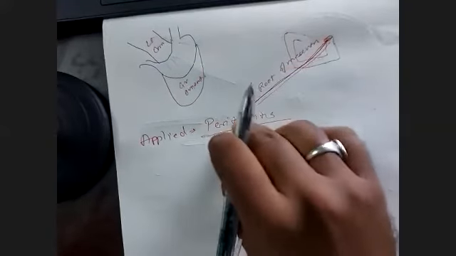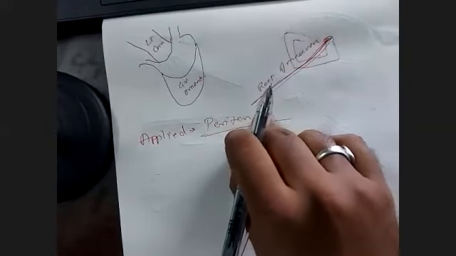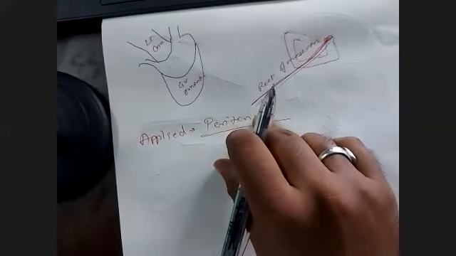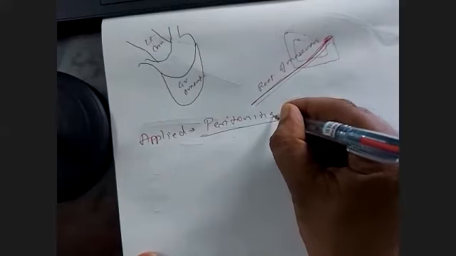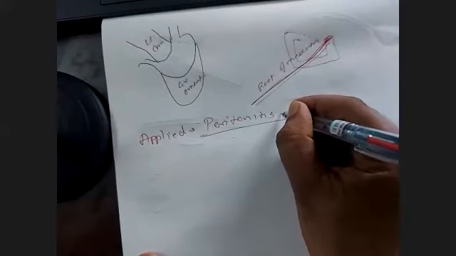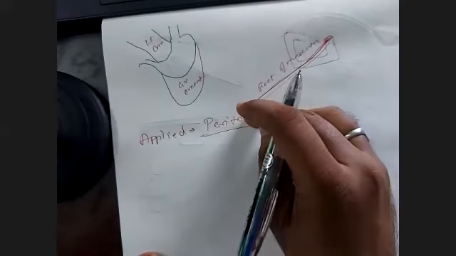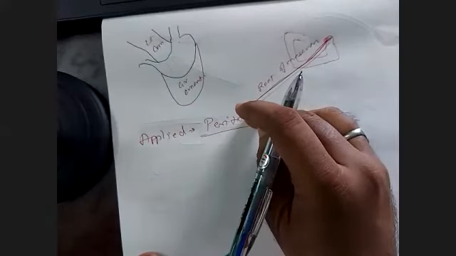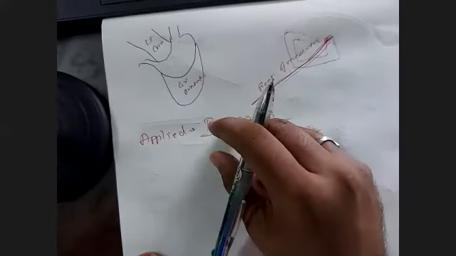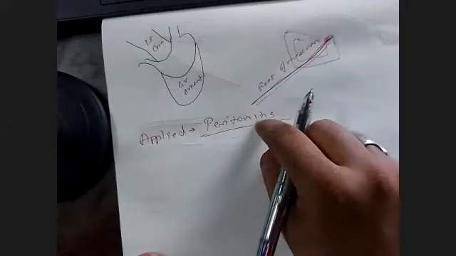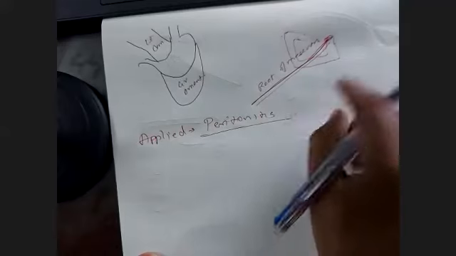This peritonitis is more dangerous than both of them, because all organs are connected to each other by the peritoneum, and therefore this can be very dangerous. Therefore doctors have to be very careful during abdominal operations, because if one organ gets infected, all the other organs can get infected, because it's the peritoneum which is connecting all the organs.